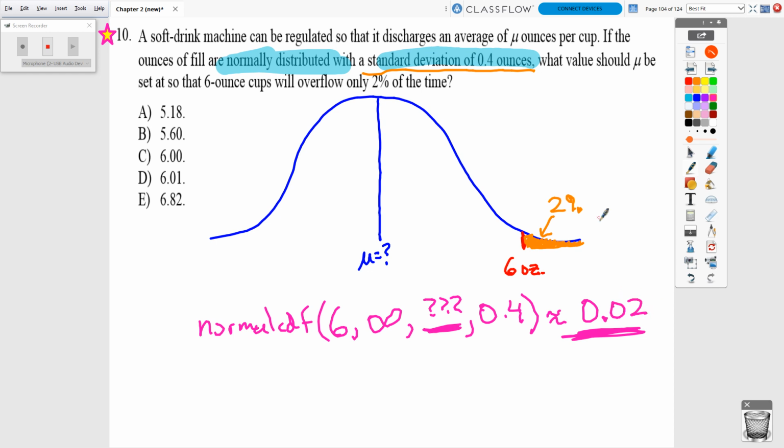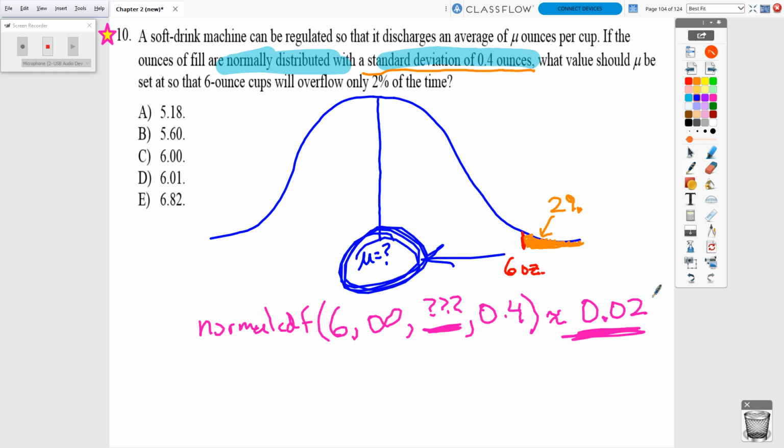So here's a strategy that you could use on this multiple choice question and any other multiple choice questions. You could take these answer choices and start plugging them in one at a time for the mean. Whichever one gives you 2%, or really close to 2%, must be the correct answer. Now, there are some answer choices over here that we can cross off the list. Which ones would those be?